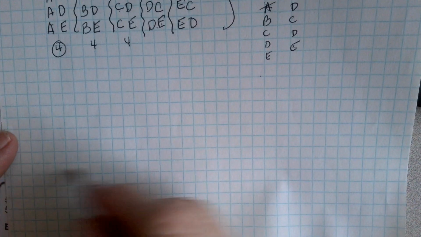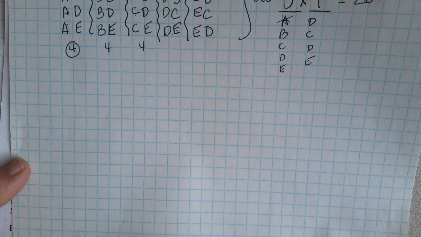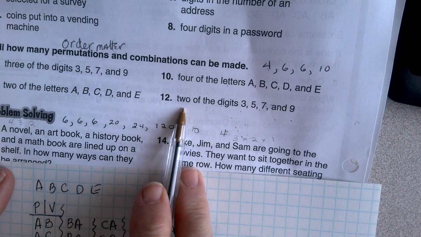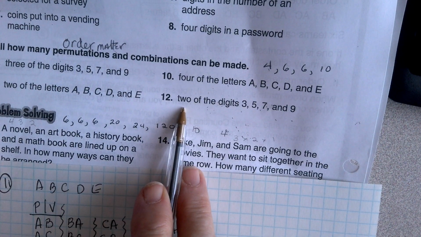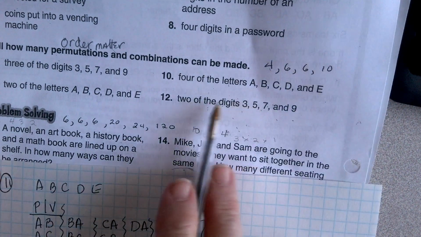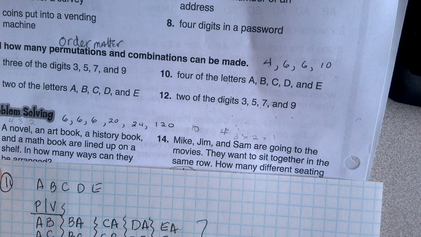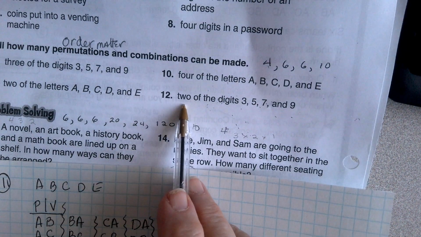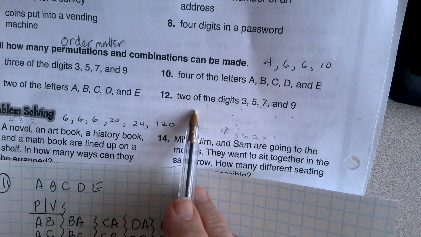So I'm going to go halfway down the paper and we're going to start the number 12. The 12, it's 2 again, but this time there's only 4 people. Okay, so 2 people. And again, the order matters. It could be who's going to be pitcher and who's going to be outfielder. In fact, that's what I'm going to use.